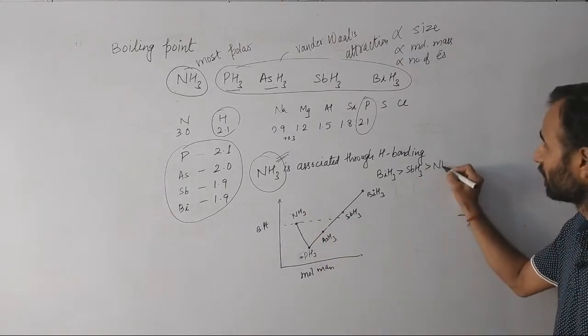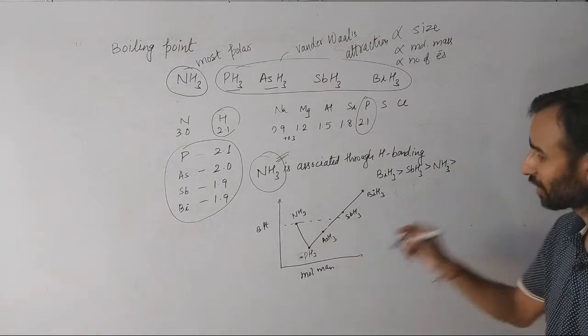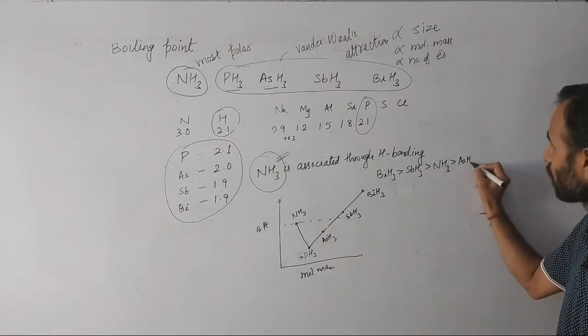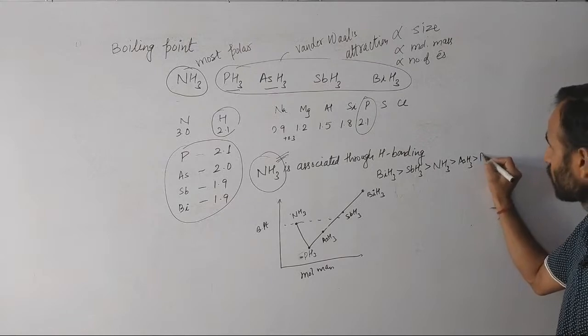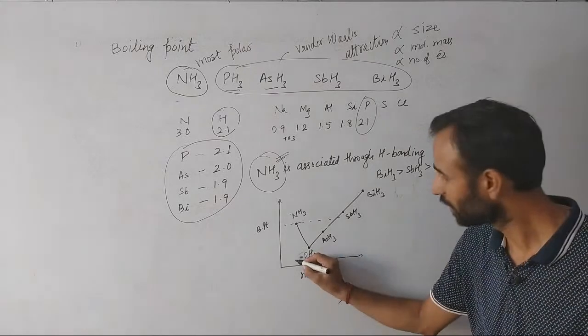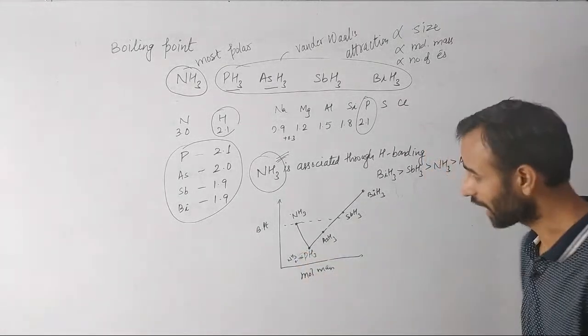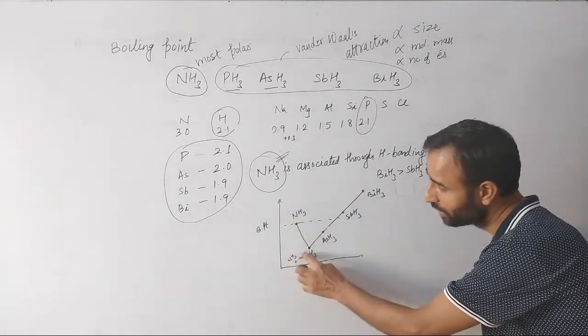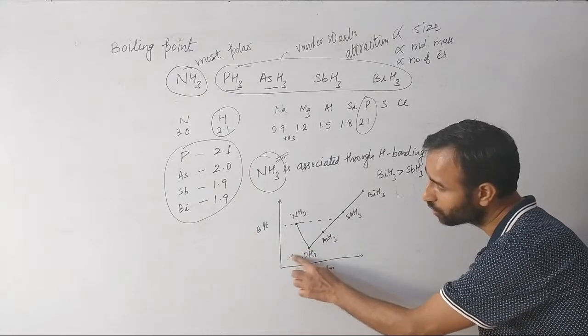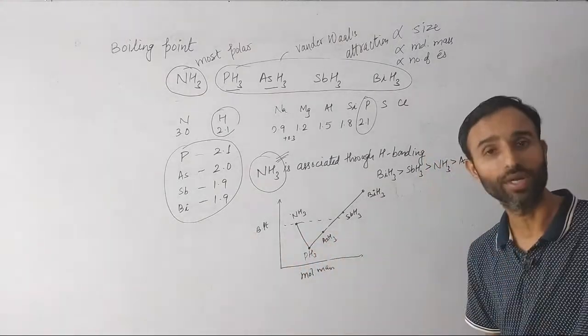See, there is a break. Why does NH3 come on that side? Because according to the rule, it should be here only. NH3 should be here, but NH3 is at this point because of its tendency to form hydrogen bonds.